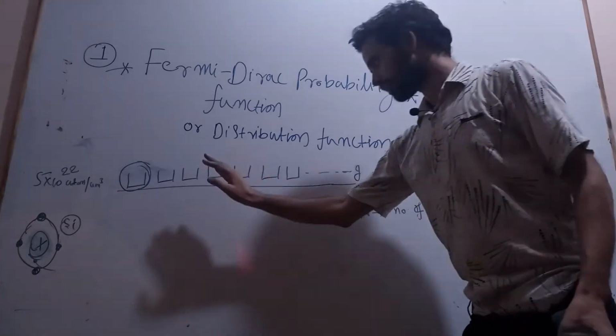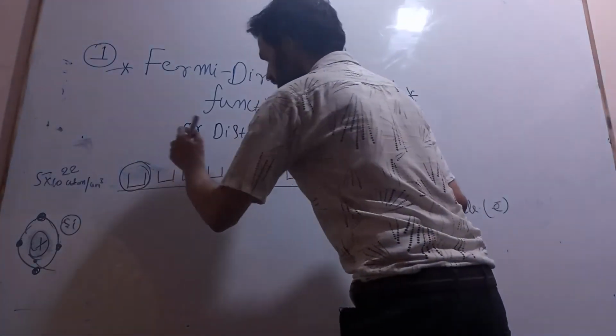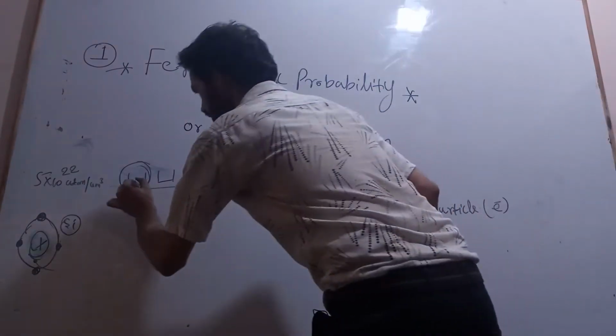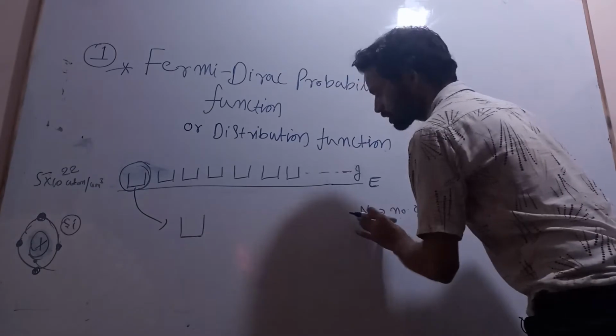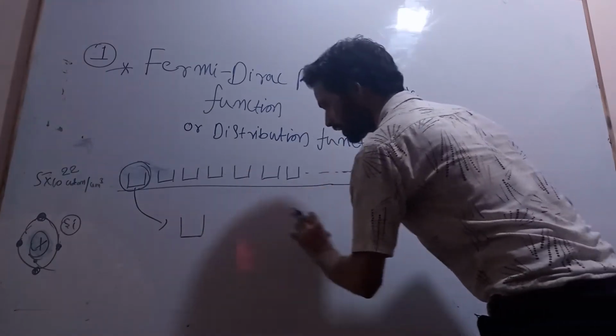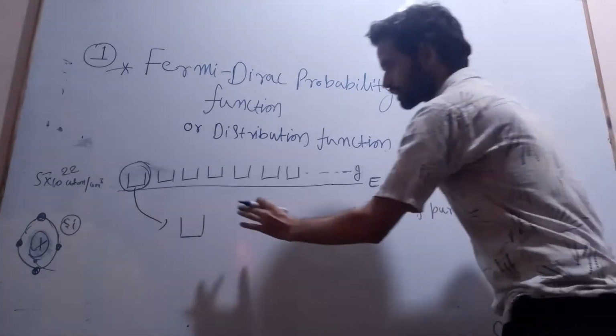What is the probability that this particular quantum state is occupied by these N particles as electrons?